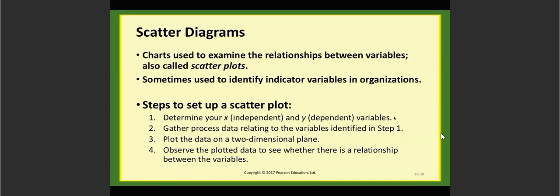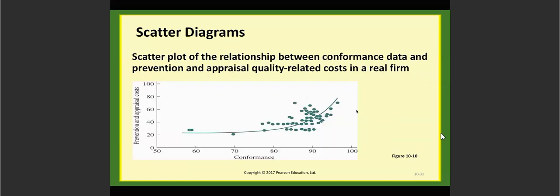And the scatter diagram, charts used to examine the relationship between variables, are also called scatter plots, because you want to identify indicator variables in the organization. Like you plot a graph, you have the x-axis, the y-axis, right? You plot it like this in a two-dimensional plane.